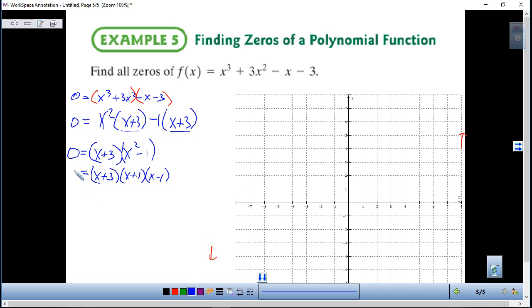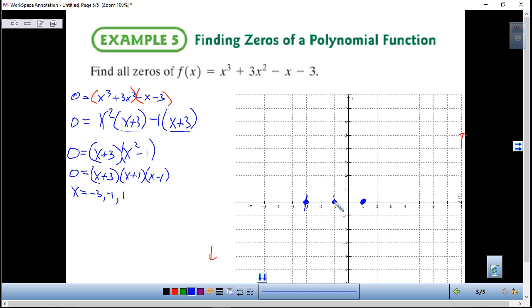So we're going to have x is equal to negative 3, negative 1, and positive 1. None of these are going to be multiplicities of an even number, so we're going to actually pass through with all of them.